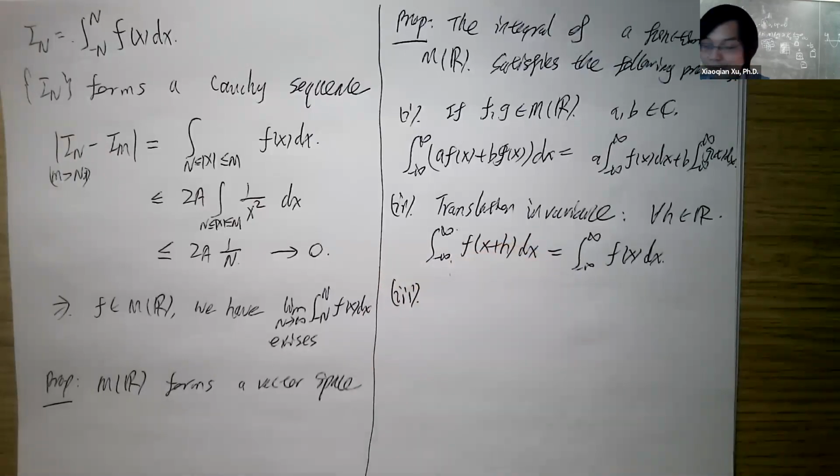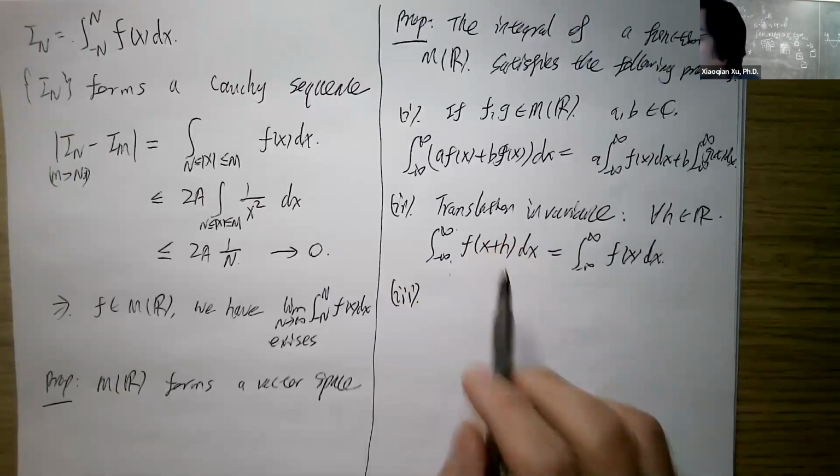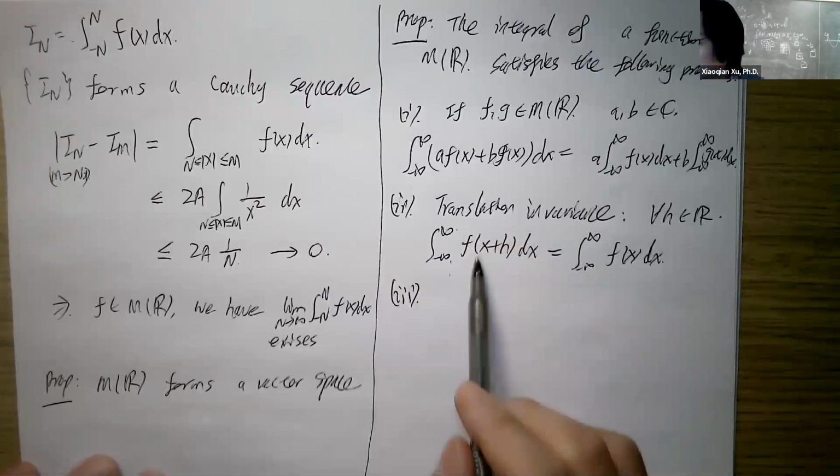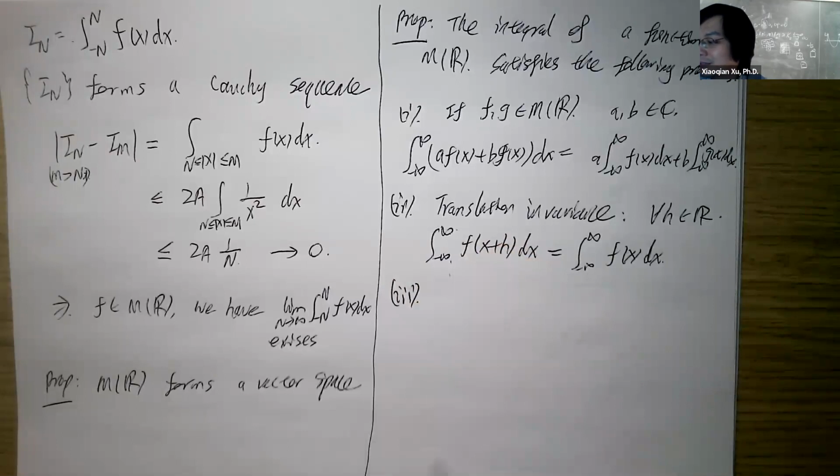And thirdly, if you try to add some constant to your function, that is, do some translation, it just doesn't change anything, because the limits are infinity and minus infinity.